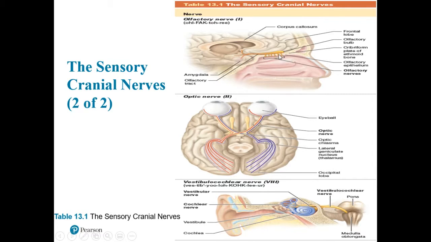So the action potential transfers over to the olfactory tract, down into the origins of the olfactory nerve, right, which is deep within the brain, essentially. So that's how the brain is able to utilize the olfactory nerve for smell.